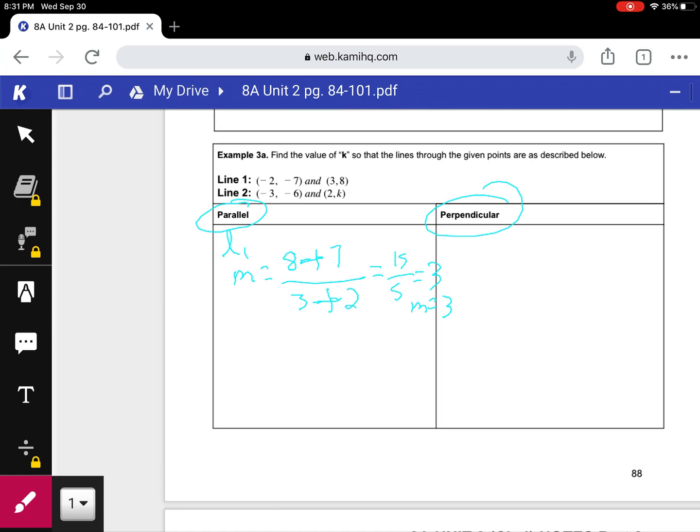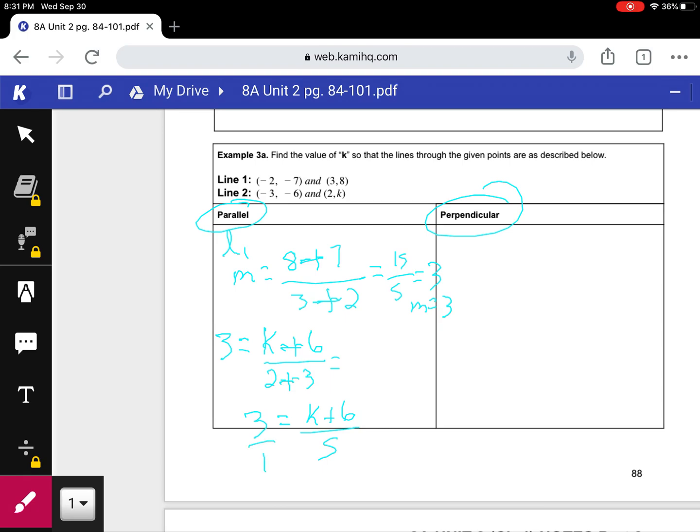We know that parallel lines have the same slope. So we want the slope of this line 2 to equal 3. So I'm going to go ahead and say 3, my slope, equals k minus a negative 6, which becomes plus 6. And we've got 2 minus negative 3, which becomes plus 3. So we're going to have 3 equals k plus 6 over 5.